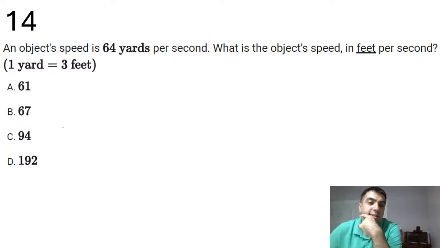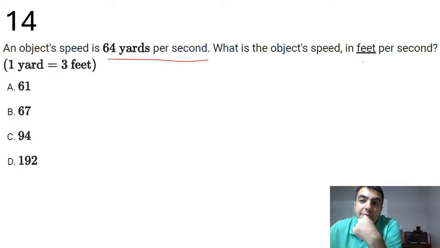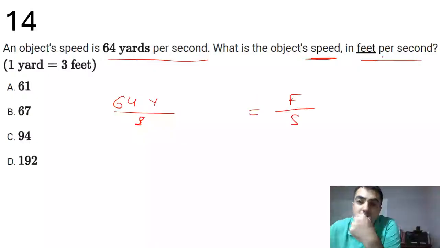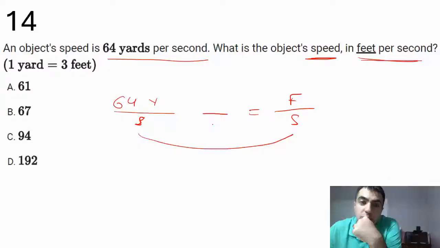You are saying it is D. Let's have a look. Yards per second in feet per second. We have 64 yards per second, huh? Per second. And we are looking for object speed in feet per second, right? So second is here, feet per yard.